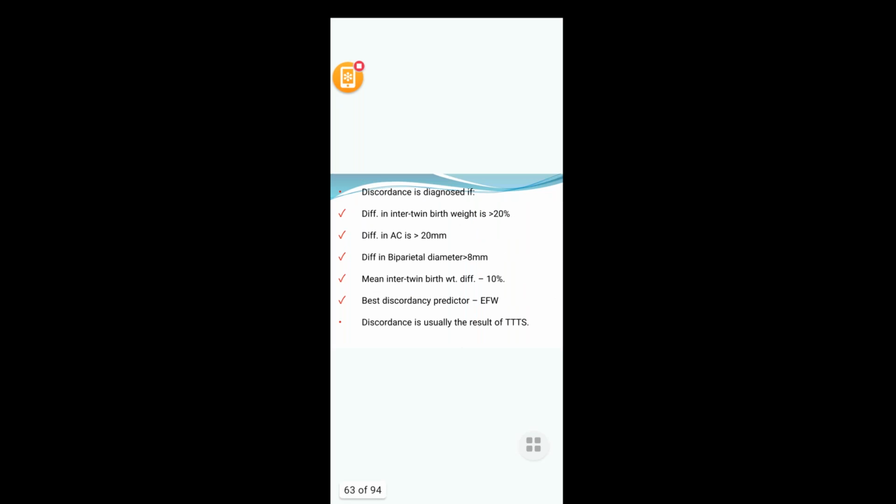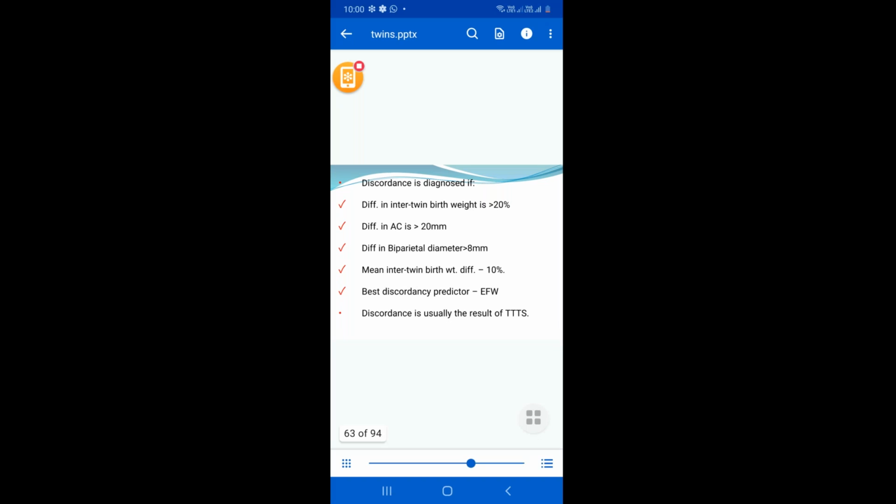Discordance is diagnosed if the difference in twin birth weight is more than 20%. That is, if twin 1 is 3 kg and twin 2 is 1.5 kg, you name it fetal discordance, because the difference between the weights of the two fetuses is more than 20%.